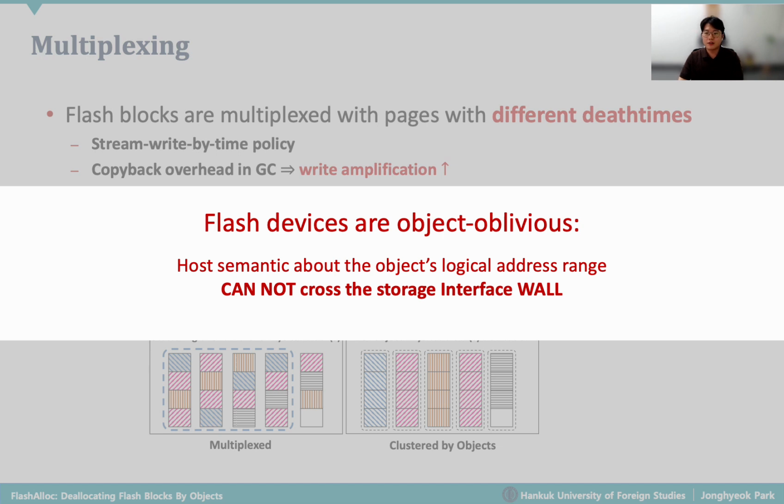So, the root cause of multiplexing is that flash devices are object oblivious. That is, host semantics about the object's logical address range cannot cross the storage interface wall.